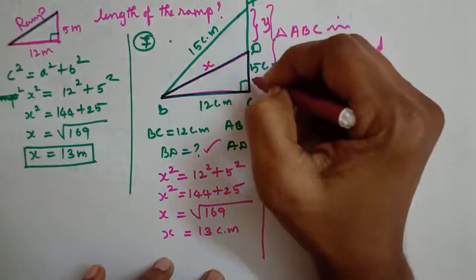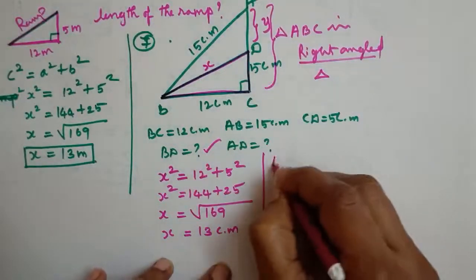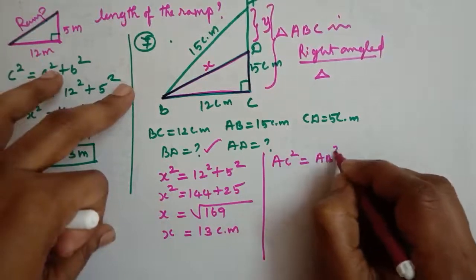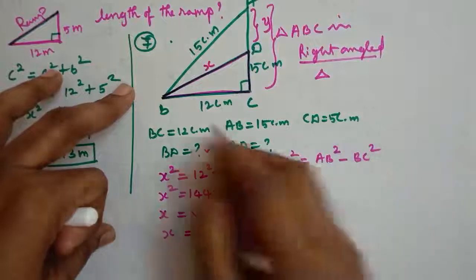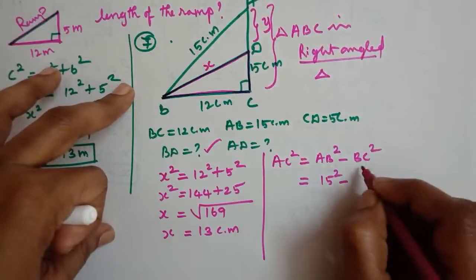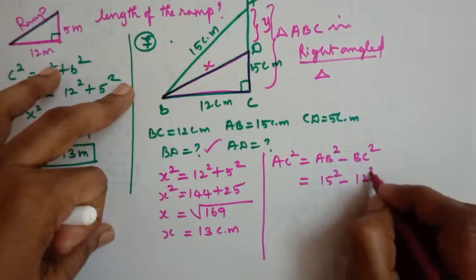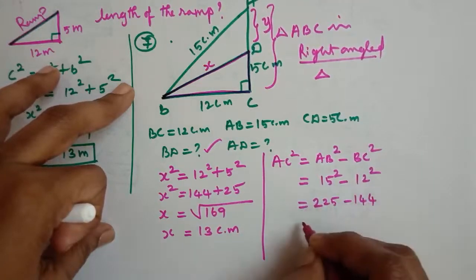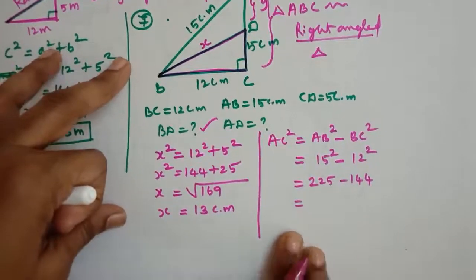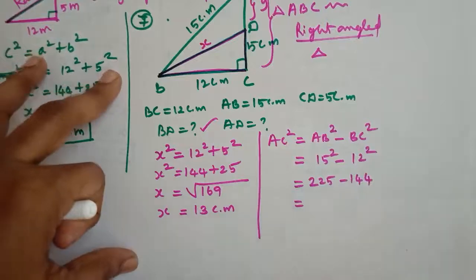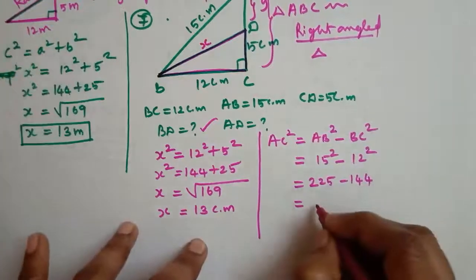AC squared is equal to AB squared minus BC squared. This is the hypotenuse, right? So that is equal to AB squared, 15 squared, minus BC squared, 12 squared. So that is equal to 225 minus 144, which is 81.